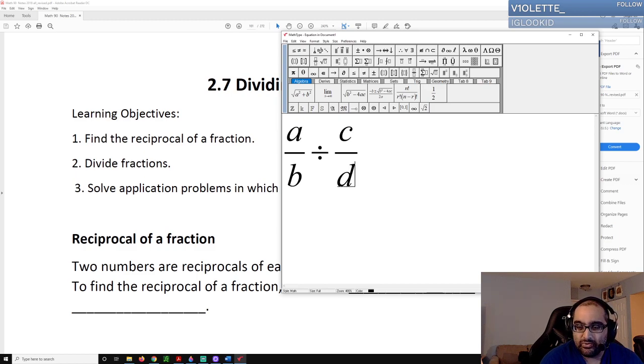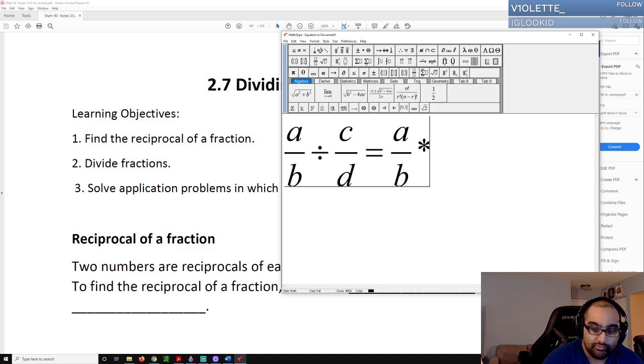So basically, we want to put it into context we do understand. The trick is for us to change it to a multiplication problem. In this case, we're going to rewrite this as a over b, but we're going to change it to multiplication, but of course not without a consequence.